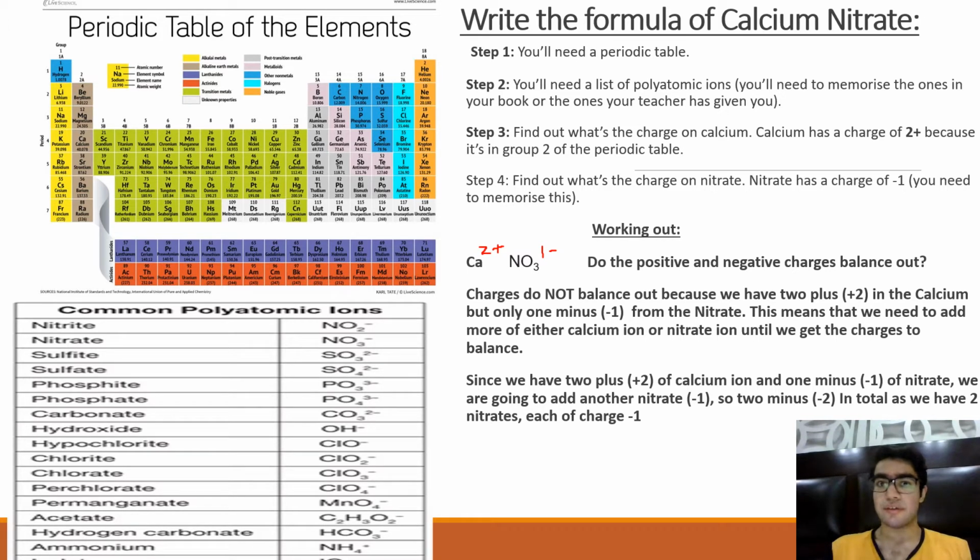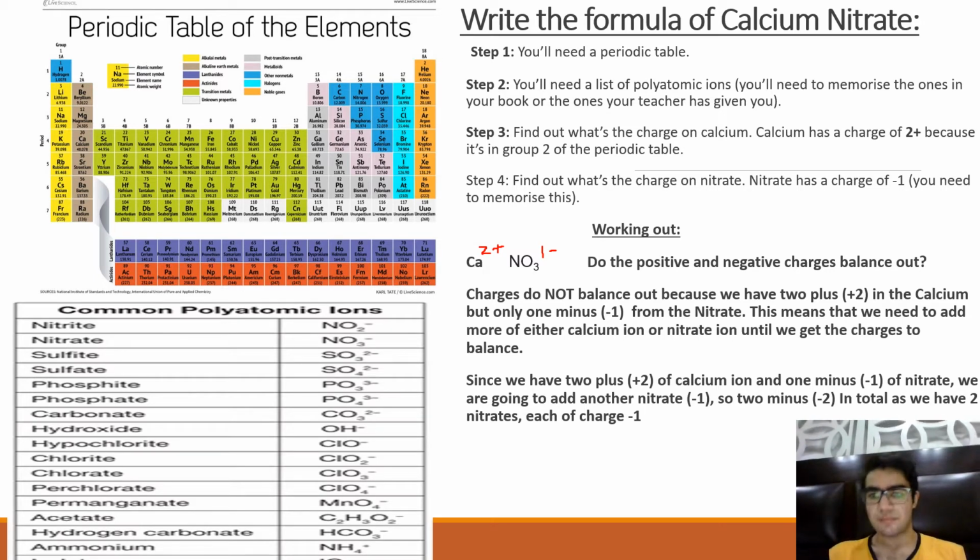You can ask your teacher which polyatomic ions you need to learn depending on your exam board, because there are lots of polyatomic ions and you don't need to memorize all of them, but you need to memorize the popular ones or those in your syllabus. So you need a periodic table and a list of polyatomic ions.